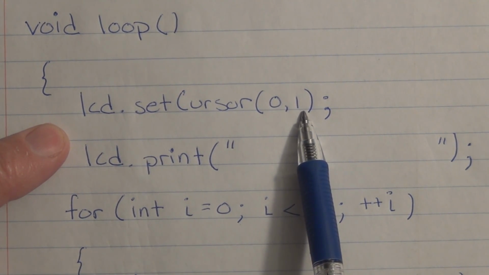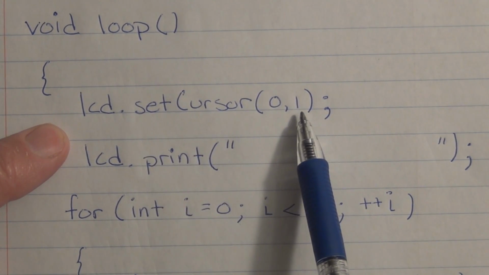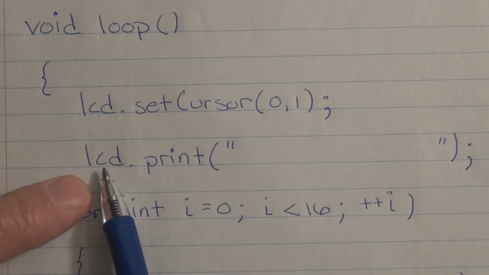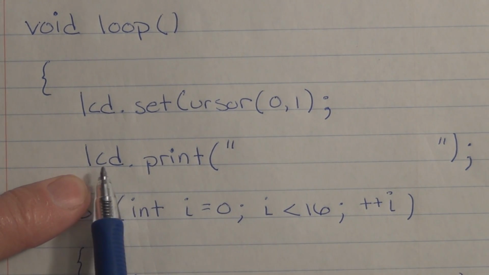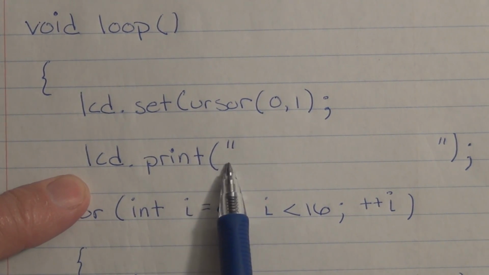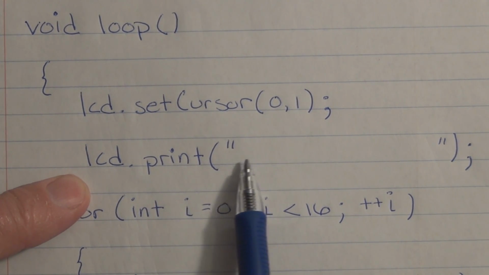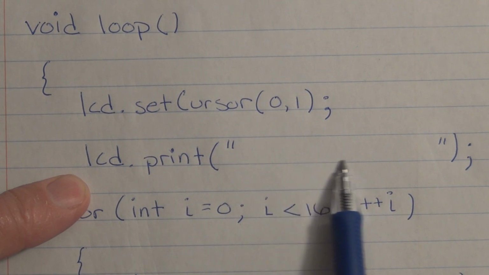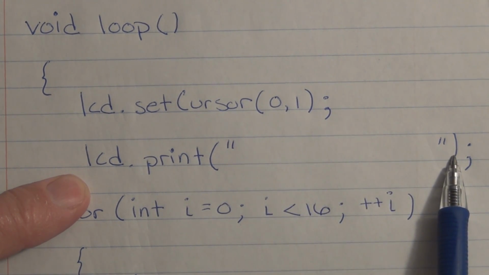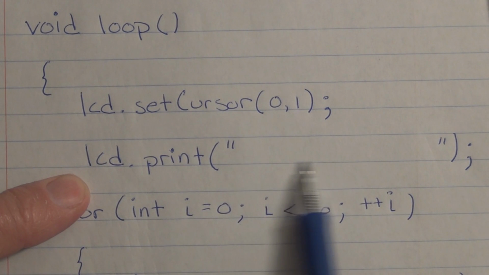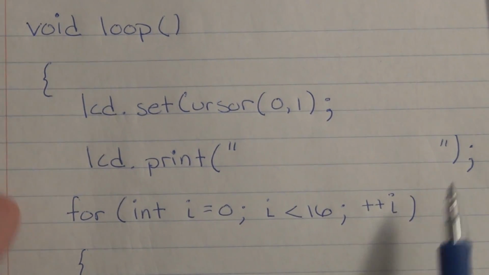So that's the second line below where I had the name of my channel. And the first thing we're going to do here is clear it by just printing 16 empty spaces on that line. And that completely empties out that line.